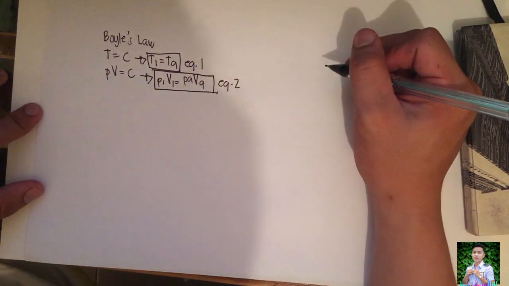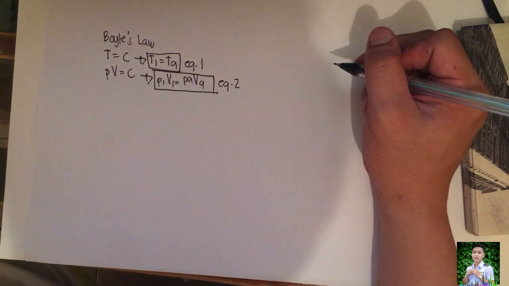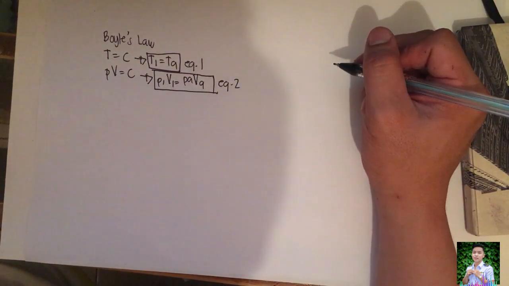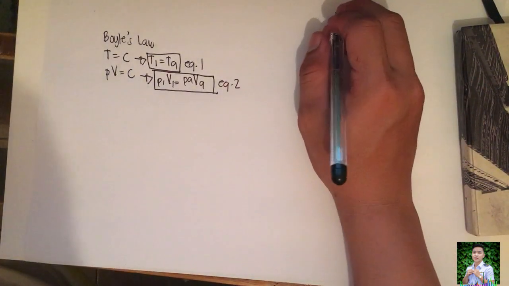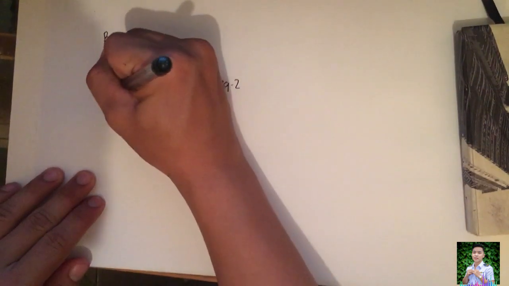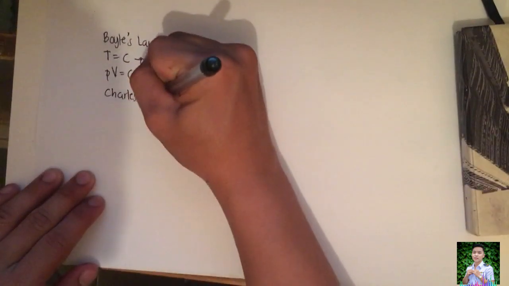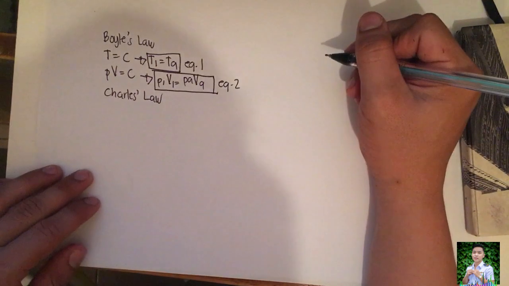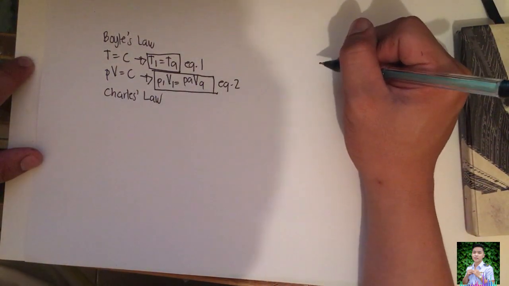And after that, from intermediate state to state 2, let us follow Charles' law. According to Charles' law, pressure P is constant.